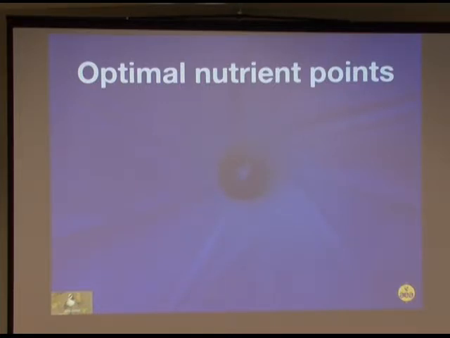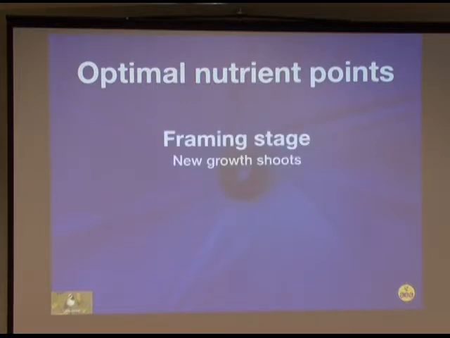Those points where they desire optimal nutrition during the vegetative stage are the new growth shoots. So when plants are in the vegetative stage, they will do everything they possibly can to keep those new shoots at the optimal nutritional balance, including sabotaging older growth and absorbing nutrients from older leaves and moving them to the new growth, or vice versa.